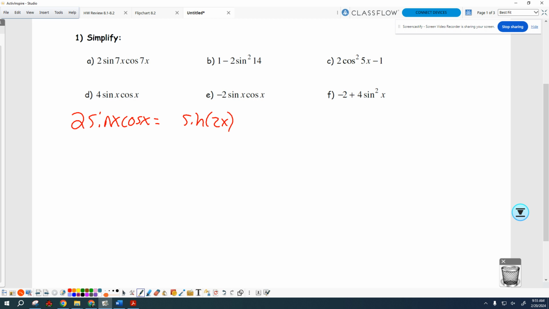So somehow, this isn't 2 sine x cosine x, it's 4 sine x cosine x. How do I make this become a 4? Don't I just multiply by 2? If I multiply by 2 over here, I need to multiply by 2 over there. So this answer is 2 sine 2x.